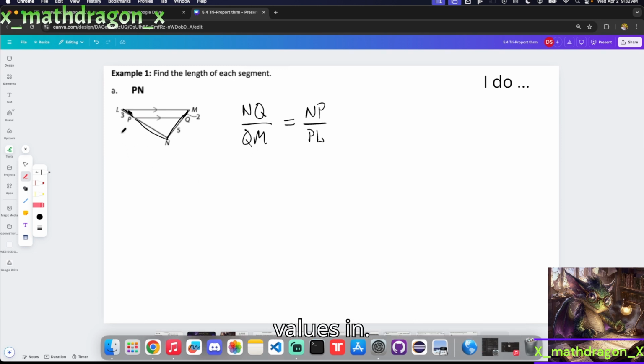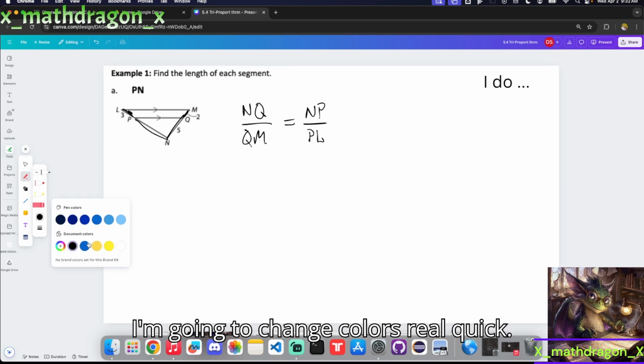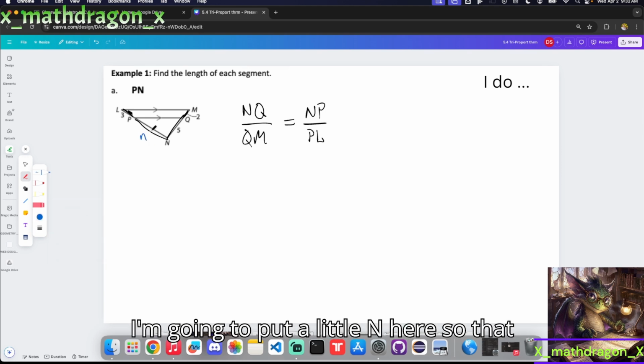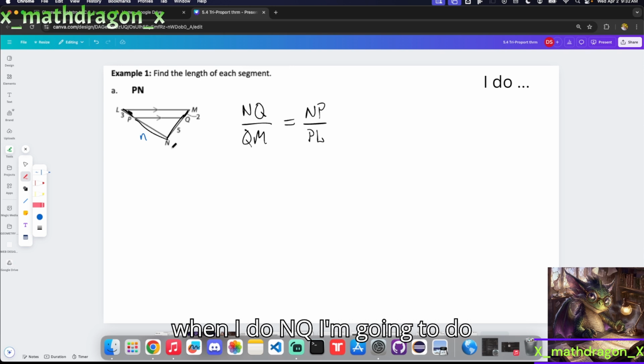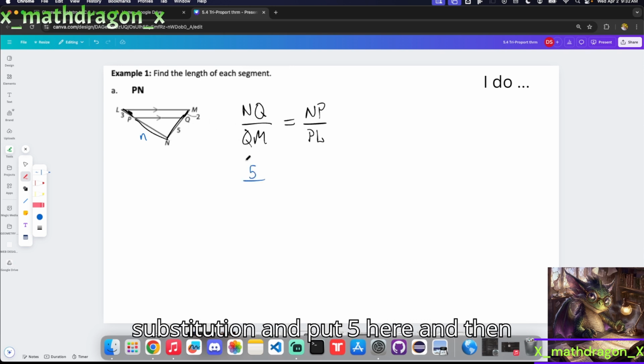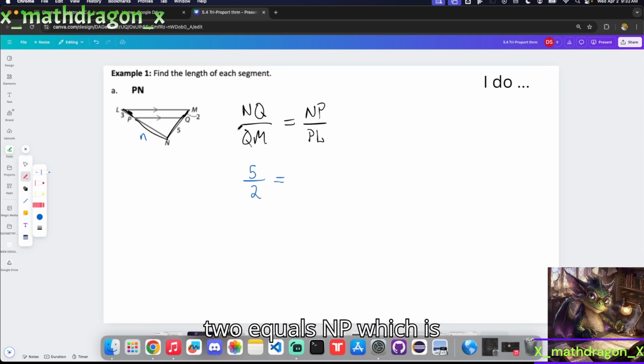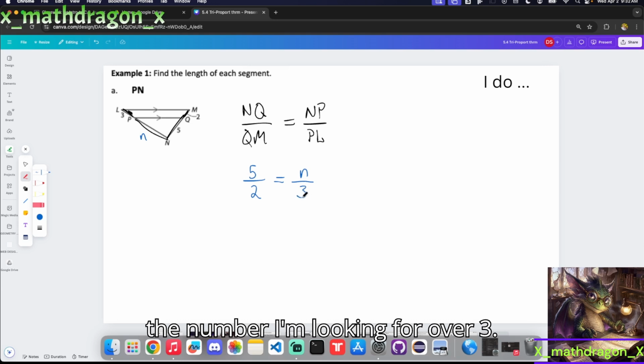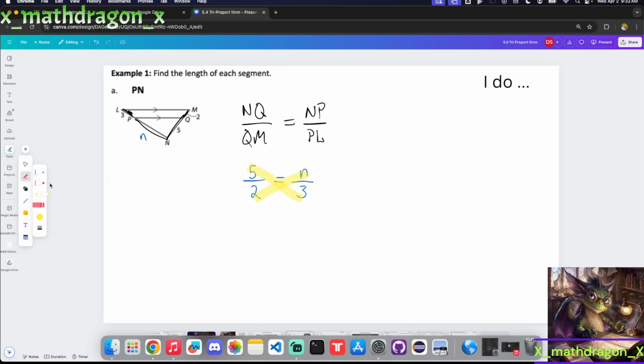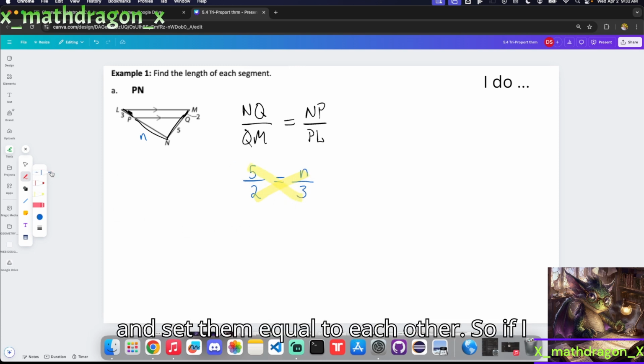Then we could substitute our values in. Let me change colors real quick. I'm going to put a little n here so that when I do NQ, I'm going to do substitution and put 5 here, and then 2 equals NP, which is the number I'm looking for, over 3. So once I get that, then I can cross multiply these and set them equal to each other.